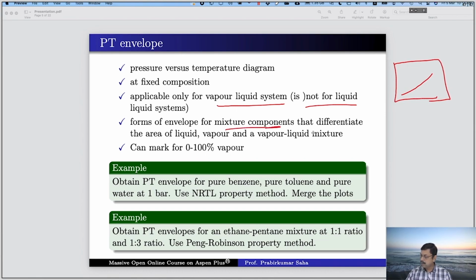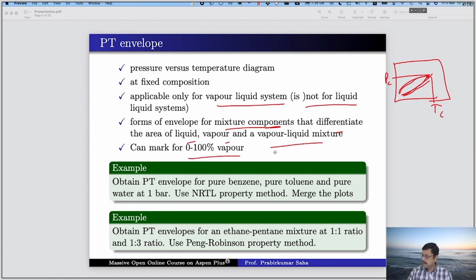For pure component, it is something like this, because it tries to find out the critical pressure and critical temperature point. But for mixture, it creates a kind of envelope where you will have a dew point line and a bubble point line. So that actually differentiates the area of liquid vapor and vapor liquid mixture. And it can mark for 0 to 100% vapor.